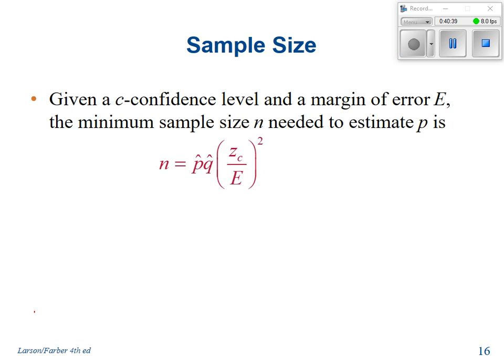To find, we did this on one of the others too, to find the minimum number of people we need in our sample to make our numbers make sense, we use this formula. Again, it's not really a hard formula.